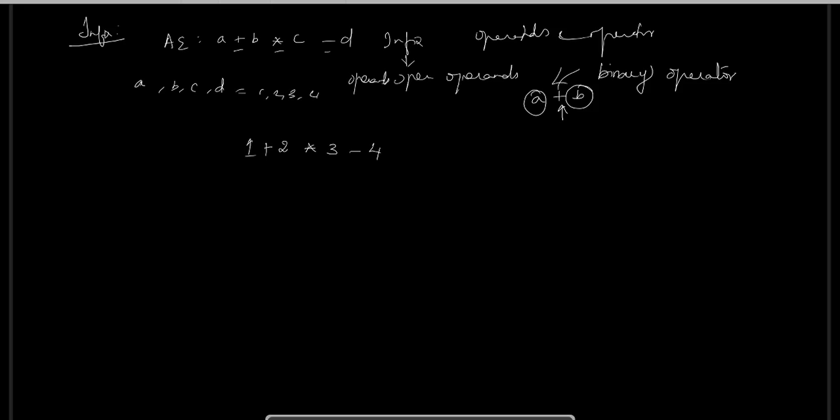How will you evaluate this? Will the evaluation be done blindly from left to right? Normally evaluation of an expression happens from left to right, right? But what should be the answer? Will it be 3 into 3, 9, 9 minus 4, 5? Or 2 into 3, 6, 6 plus 1, 7, 7 minus 4, 3? Which answer is right?